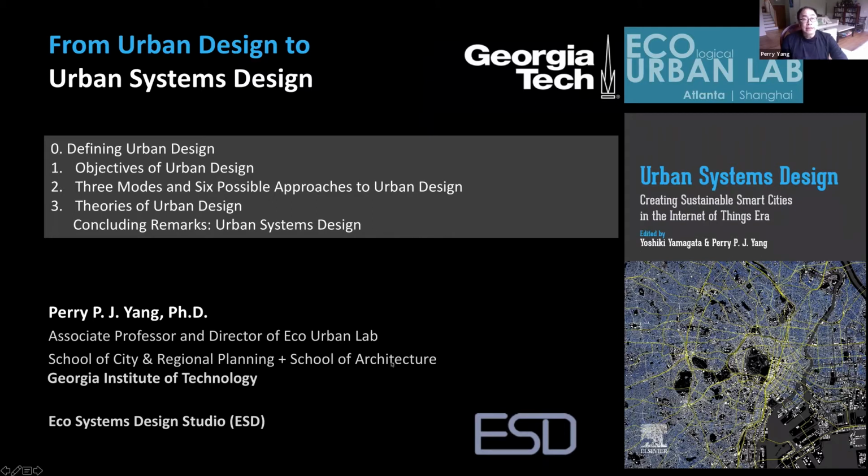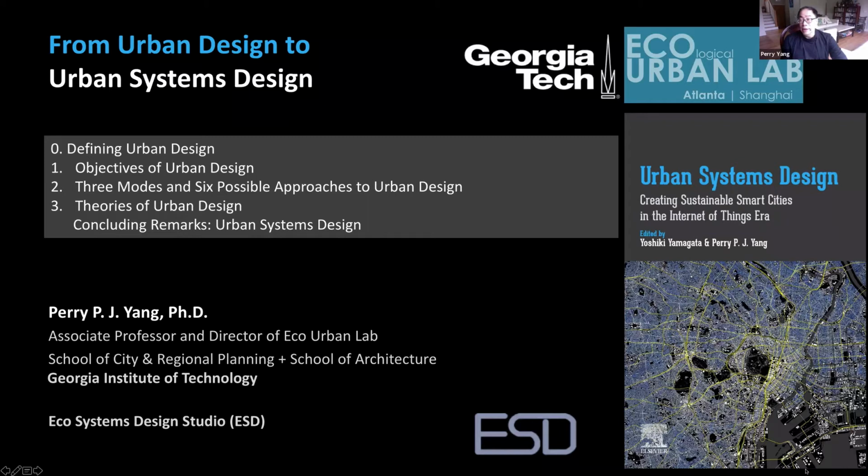So let me start with defining urban design. And I would like to talk about the objective of urban design and different modes of urban design, and six possibilities that we can redefine urban design, and to talk about theory of urban design. And I would like to conclude with some remarks on how we move from the traditional urban design approach to the urban system design method that we have.